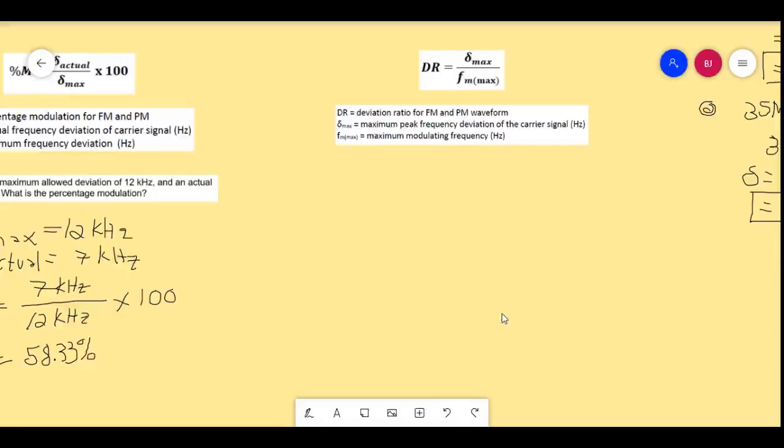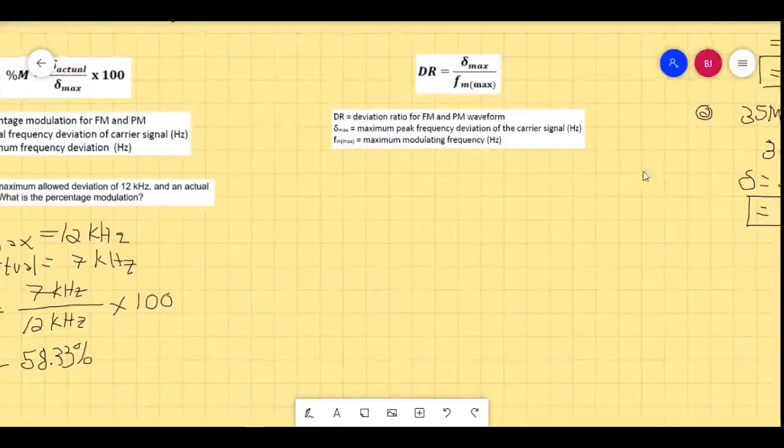The one that needs to be said explicitly would be the actual deviation, which is needed for percentage modulation. So we just need to divide our maximum frequency deviation with our maximum modulating signal frequency.